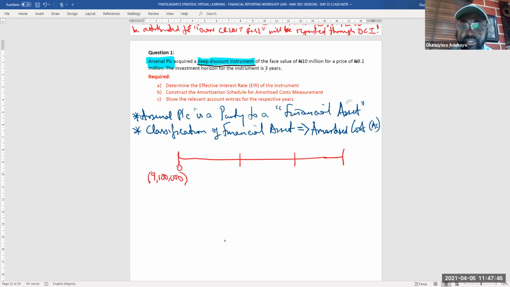And this duration is 3 years. Year 1, year 2, and year 3. But this is such that we have a 0 cash flow in year 1 because it doesn't pay interest. It's a discount instrument. Year 2, our cash flow is also 0. It doesn't pay interest. But year 3, we realize the face value of 10 million naira.